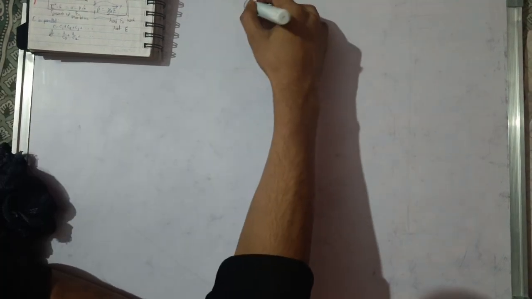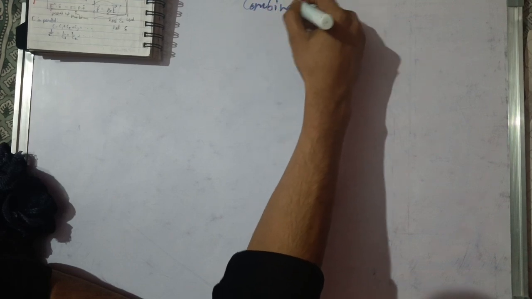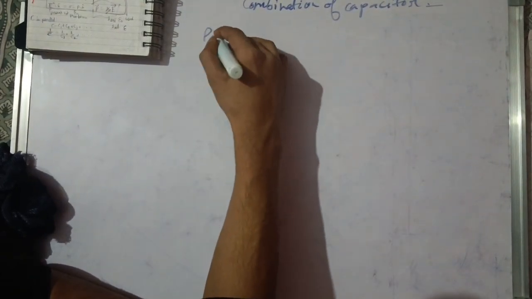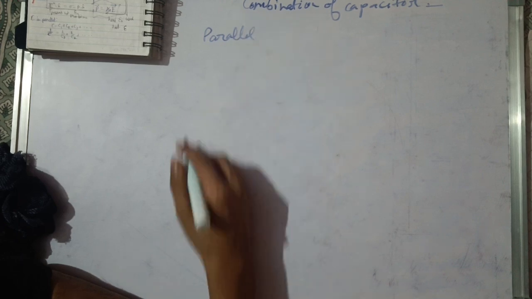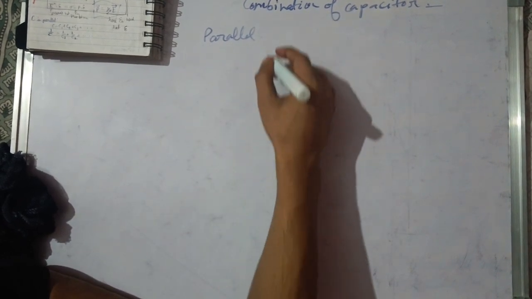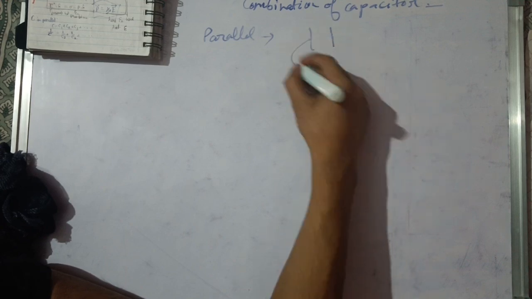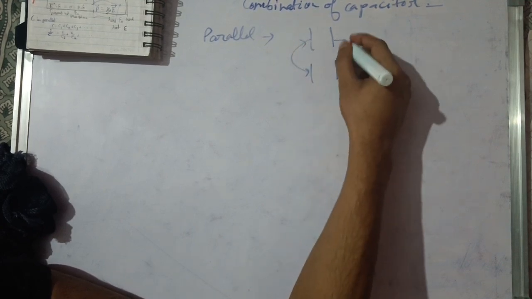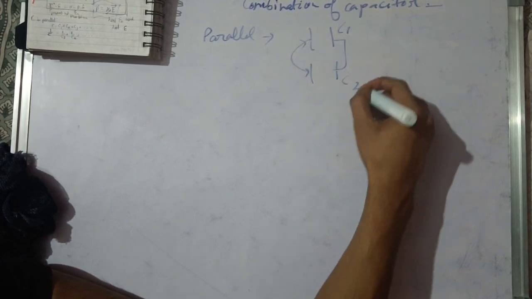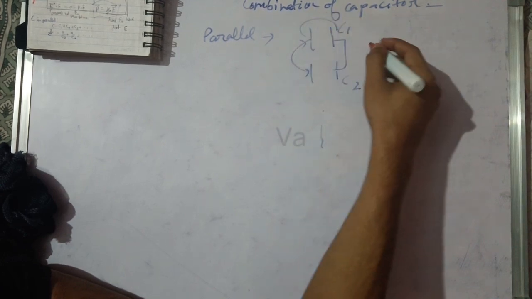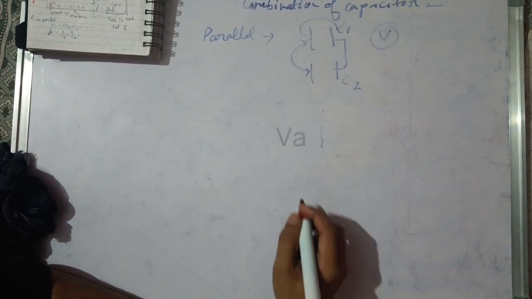Combination of capacitors. That is simply when they are in parallel. What does parallel mean? There are capacitors C1, C2, and so on, with the same potential difference across them.